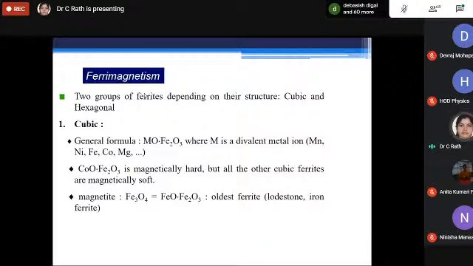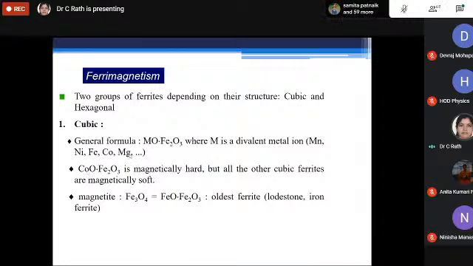So there are two groups of ferrimagnetic material. One is cubic ferrite and another is hexagonal. The cubic general formula is MFe2O4, and these are called ferrites. M is a divalent metal ion: manganese, nickel, iron, cobalt, magnesium. Any divalent ion you can take and replace in M gives rise to a ferrite. Similarly, cobalt ferrite.